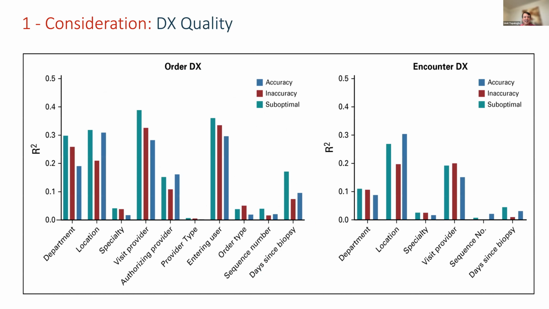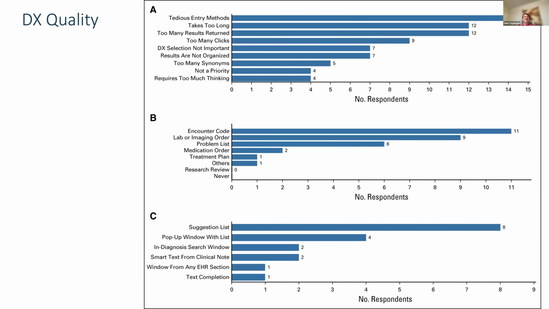And going back to the diagnosis quality, as you can see from the graphs here, I'm not going to spend too much time, but there are some accurate, in some cases suboptimal, and in some cases inaccurate data. And I think this is more important and relevant. On the top section, you will see what the attributes are for clinicians about this diagnosis data quality.